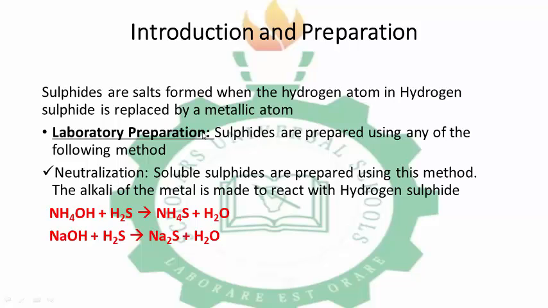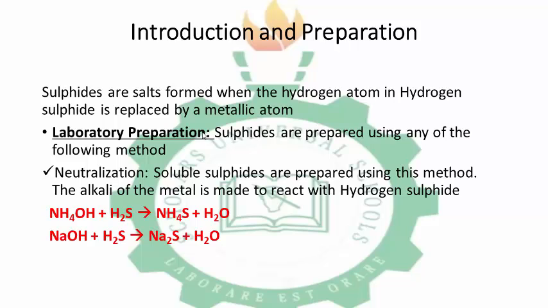Now, sulfides are salts formed when the hydrogen atom in hydrogen sulfide is replaced by a metallic ion. Laboratory preparation. Sulfides are prepared using any of the following methods. When we are preparing metallic sulfide in the lab, we consider the solubility of the sulfide, whether the sulfide we are producing is a soluble one or an insoluble one.